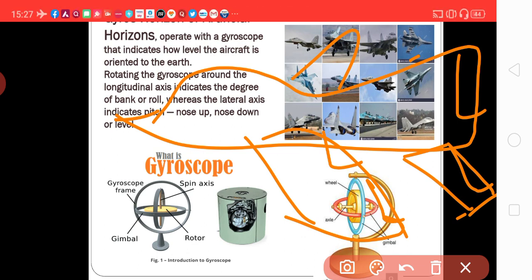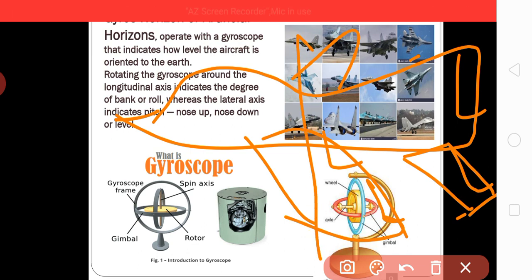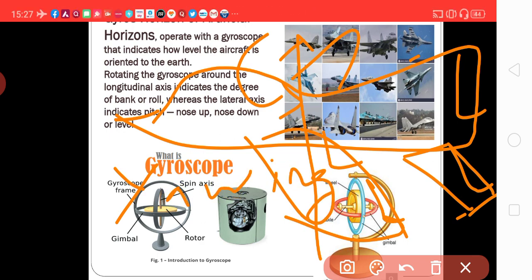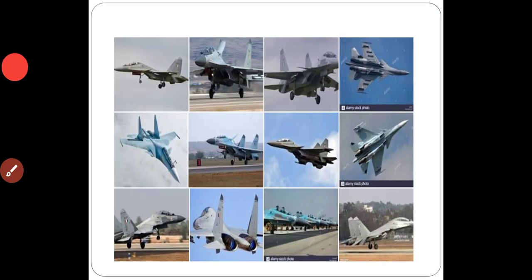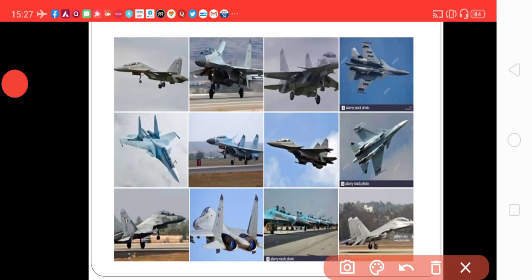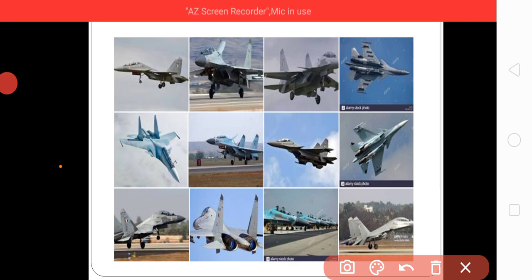Now, this is your vertical axis. A rotation about this is called yawing, Y-A-W-I-N-G, yawing. This is your longitudinal axis.